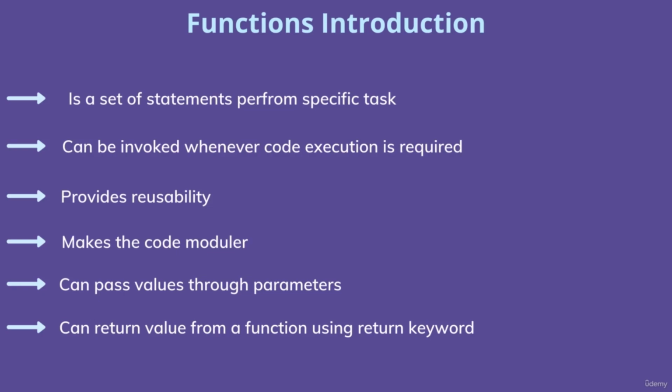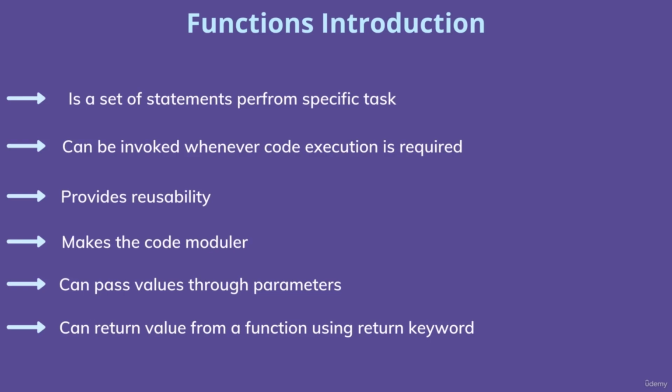Whenever I want to pass a value, I can pass it through parameters. While defining the function, I can pass some parameters as well, so that I can supply some value from the calling environment, meaning when I am invoking it.